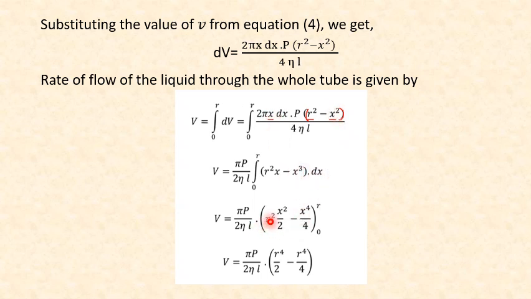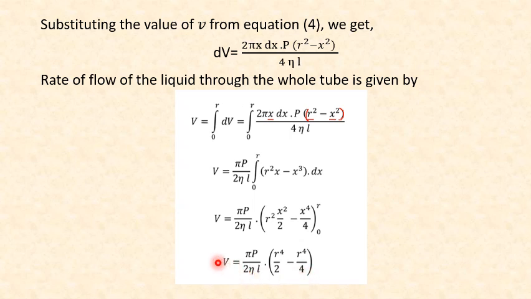So integrating, we get r square into the integration of x, which is x square by 2, minus the integration of x cube, which is x to the power 4 divided by 4. Substituting the limits 0 to r, we get r square into r square, which is r to the power 4 divided by 2, minus, instead of x place r, so r to the power 4 by 4.